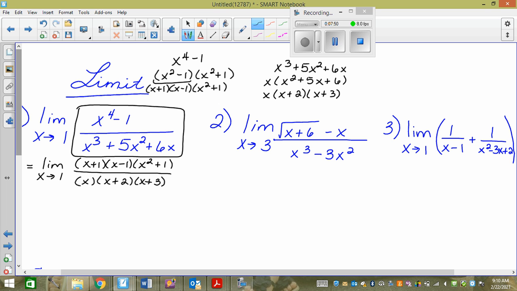So from the left, what am I approaching? 0, right? So on the left of that, it's approaching 0.